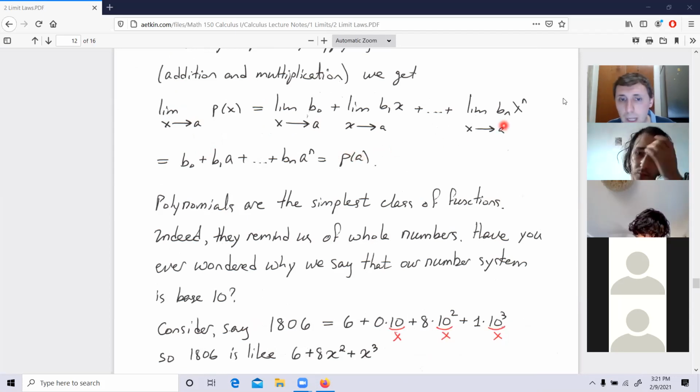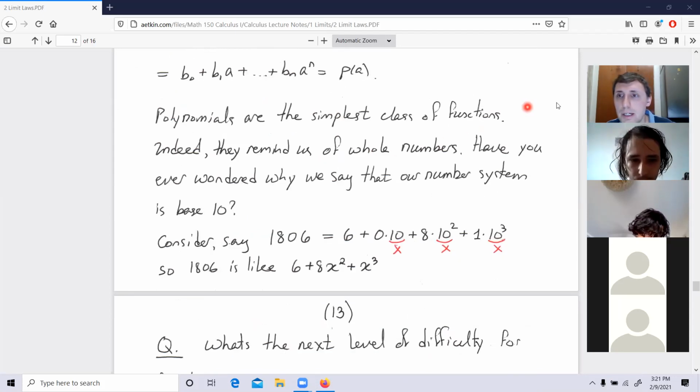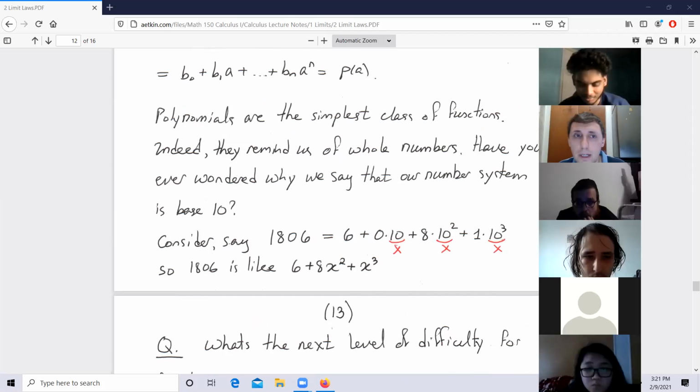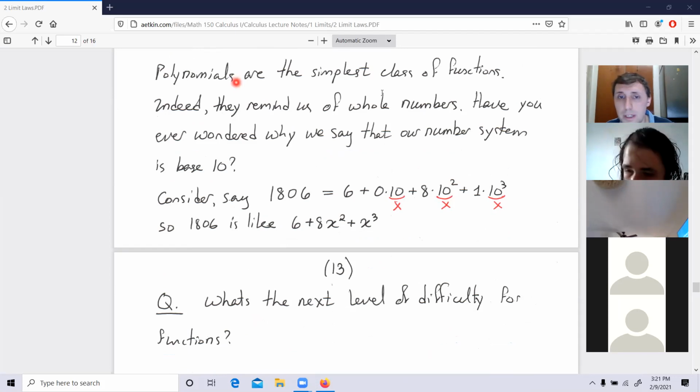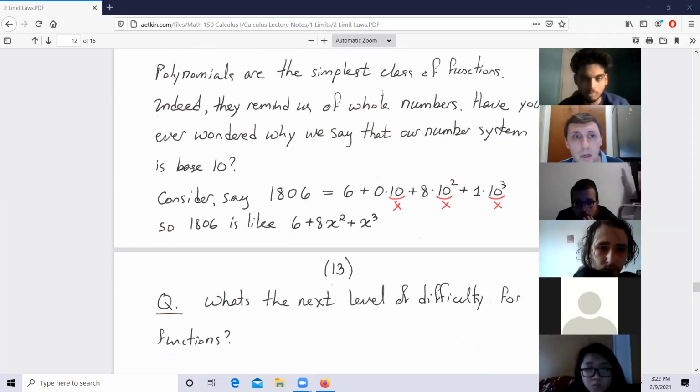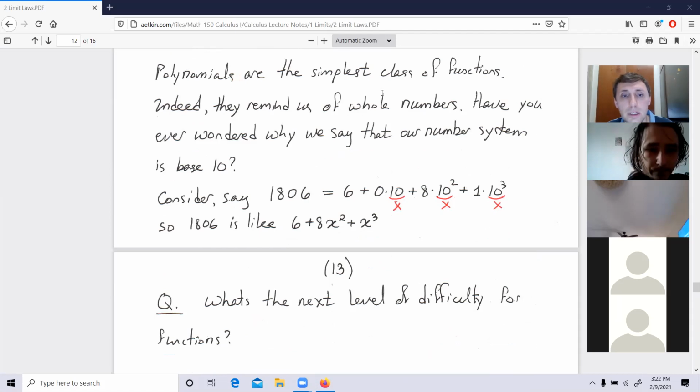Now, I mentioned that polynomials are the simplest types of functions. You encounter them all the time. In our number system, we're using a base 10 system. What's the base 10 about? Look at it. For example, what is 1,806?